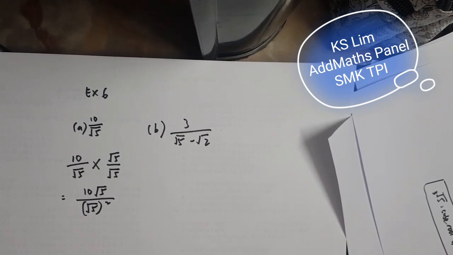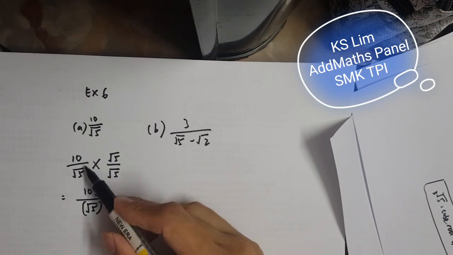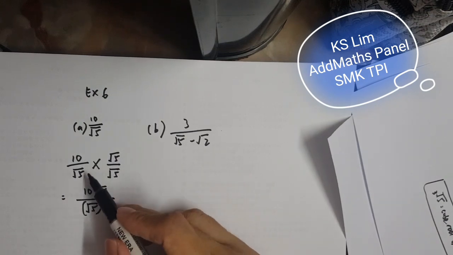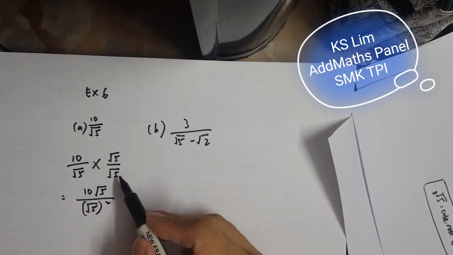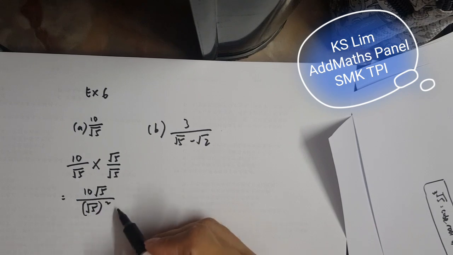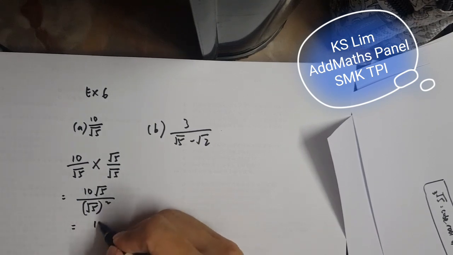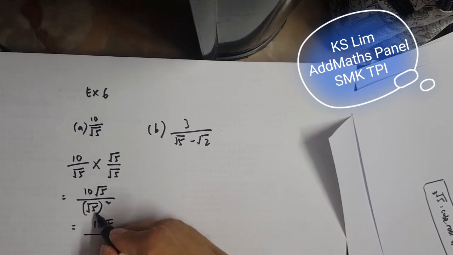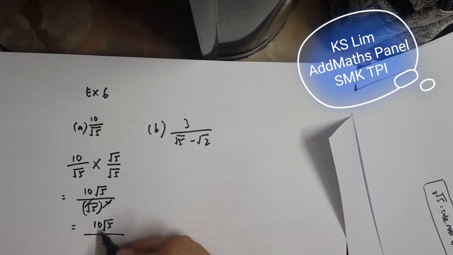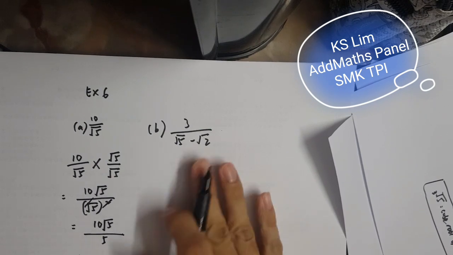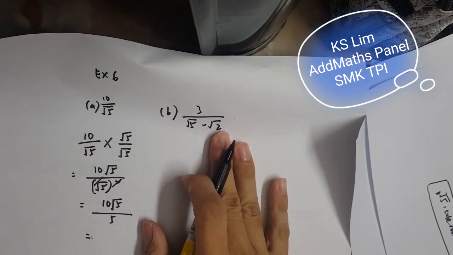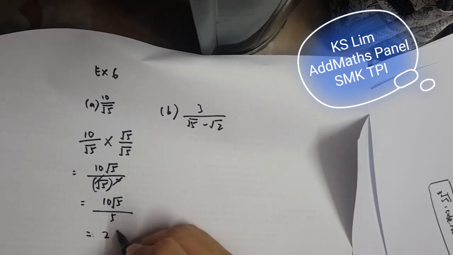Atas darab atas. Bawah darab bawah. So ini is bracket square. You can refer to the notes before. Square root 5 square, 10 over 5. 10 over 5 equal to what? 2. There's your answer.